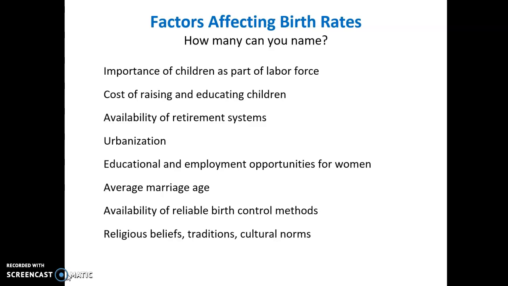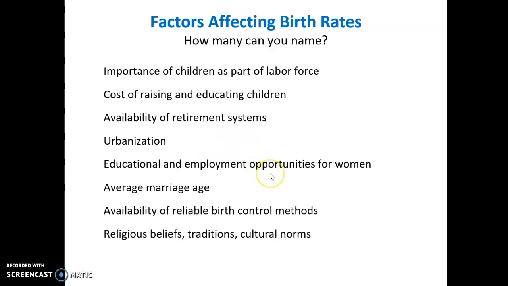Urbanization actually has an opposite effect than you might think on birth rates. Urbanization meaning when people live in cities more closely together. And actually the birth rates are lower in that case, most likely because of some of these other reasons, such as they have higher income, more availability for other things, and aren't relying on children as part of their labor force.